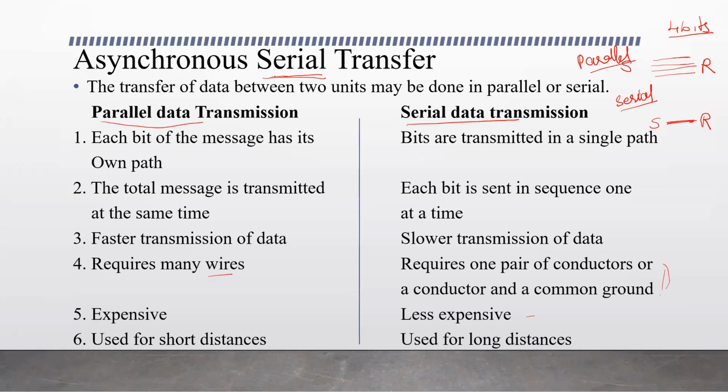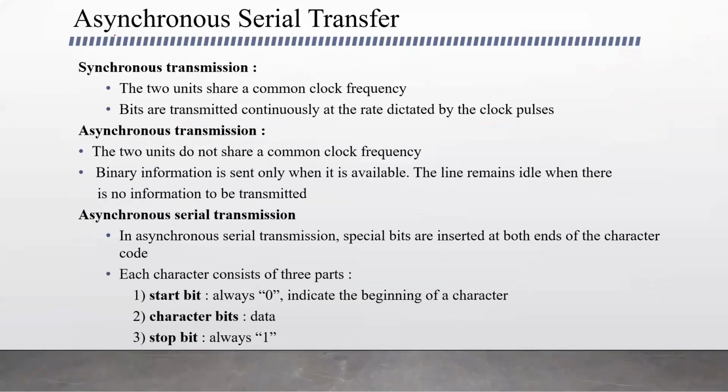We are learning in this about asynchronous serial transfer. So you have understood what is serial, and what does the word asynchronous mean? Synchronous transmission is where the two units share a common clock frequency.